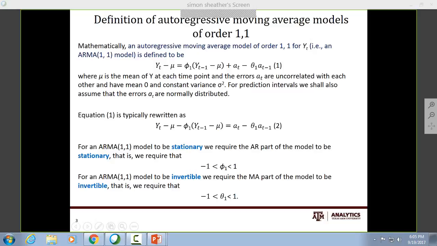Equation 1 gives us the mathematical definition of an ARMA(1,1). This piece here is the AR piece, and this piece here is the MA piece. So we've just pasted both bits together.